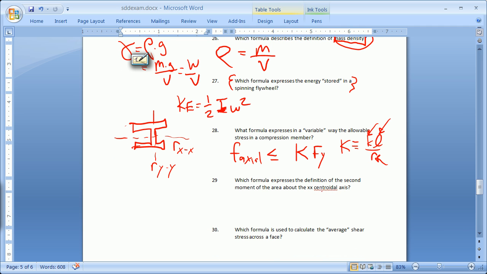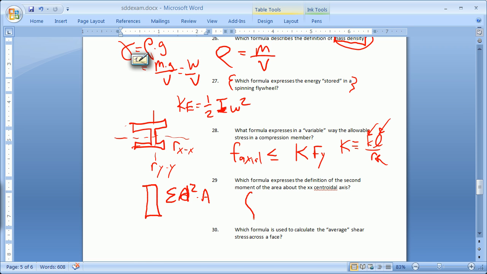Number 29, what formula expresses the definition of the second moment of the area about the XX centroidal axis? Basically, if you're thinking about it without calculus, it's the sum of the distance squared times the area.